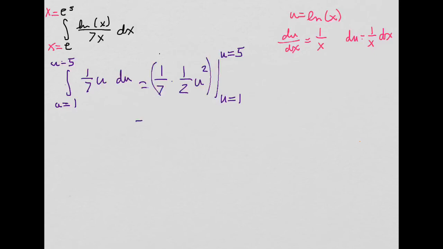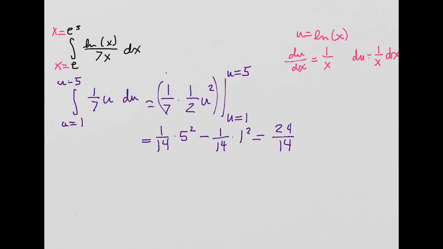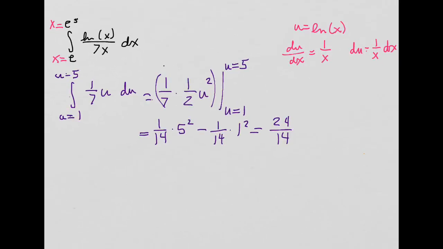And so this will be equal to 1/14 times 5 squared minus 1/14 times 1 squared. So you're going to have 25/14 minus 1/14, which is 24/14. Okay? So this is how we do this definite integral.